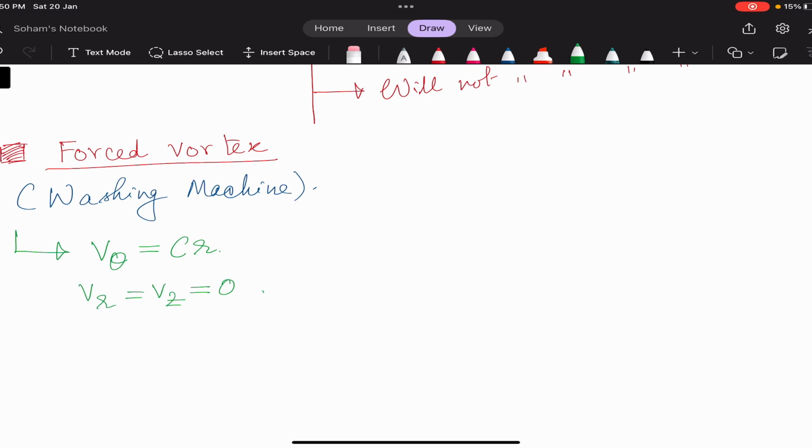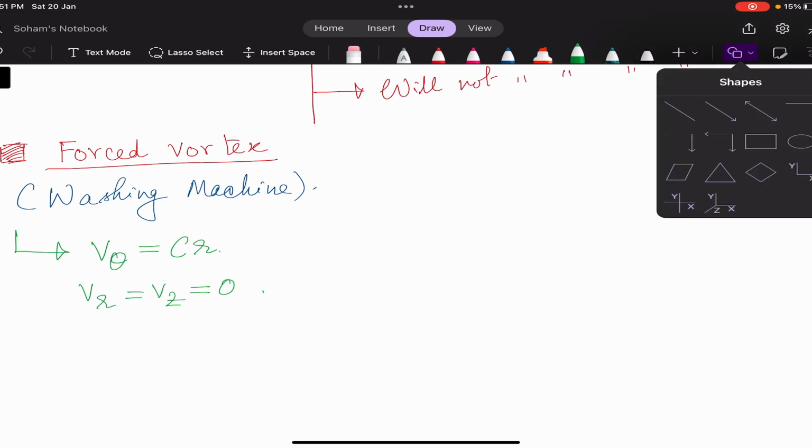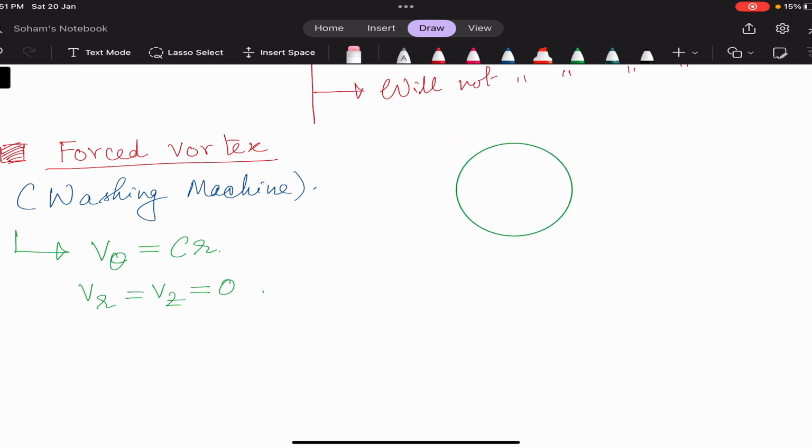Essentially, as it is a rotating motion, let's not use the word rotating, let us use the word revolving. As it is a revolving motion, let us use the cylindrical coordinates, that is r, theta, z. If I am having motion like this, the motion is in this direction, and this is my origin.